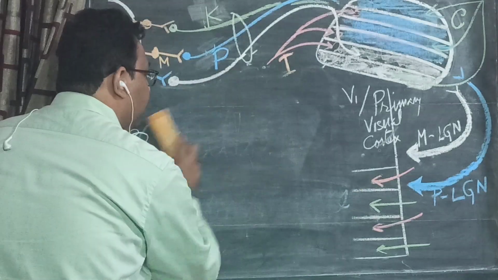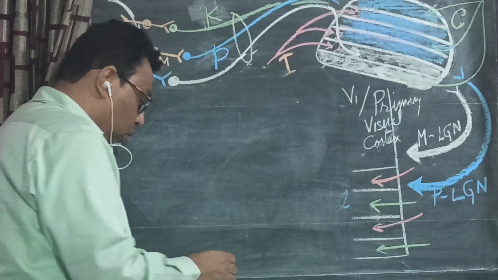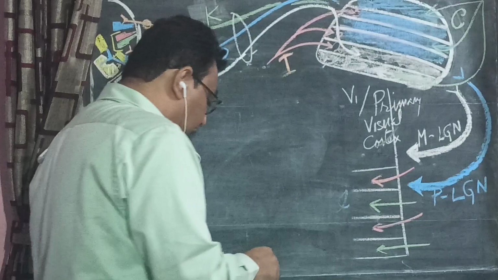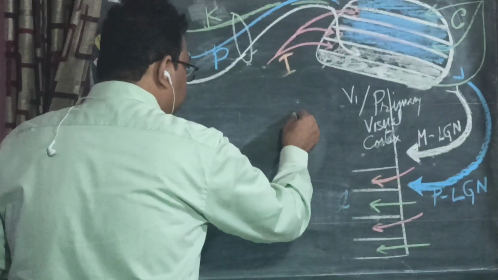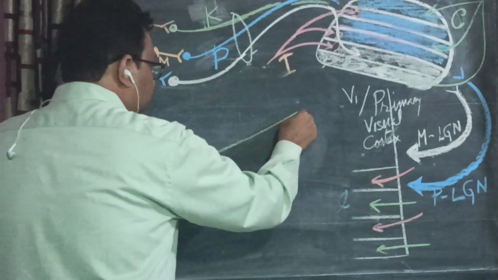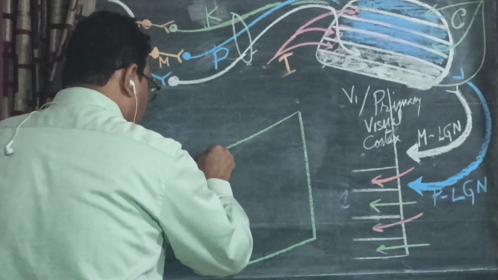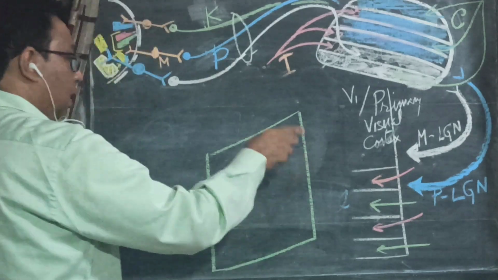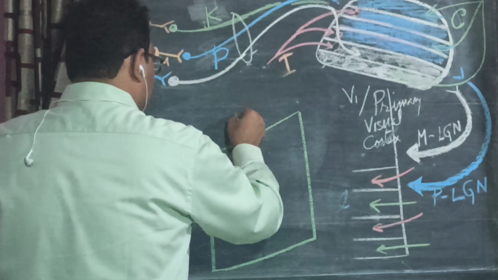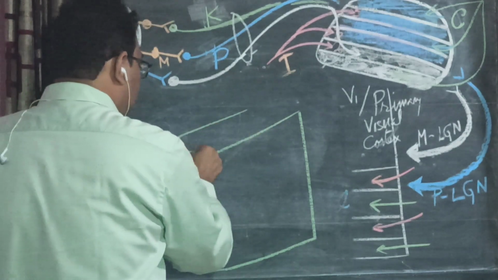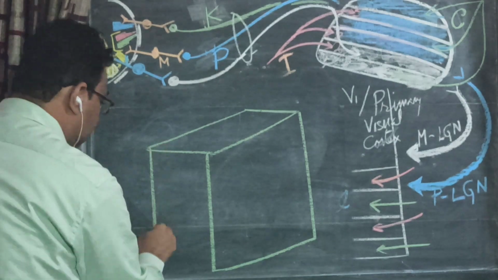There are other divisions also. What are the other divisions? Let's look into it. First and foremost, we have this distribution of ipsilateral and contralateral dominance. So let us see a strip of the visual cortex.